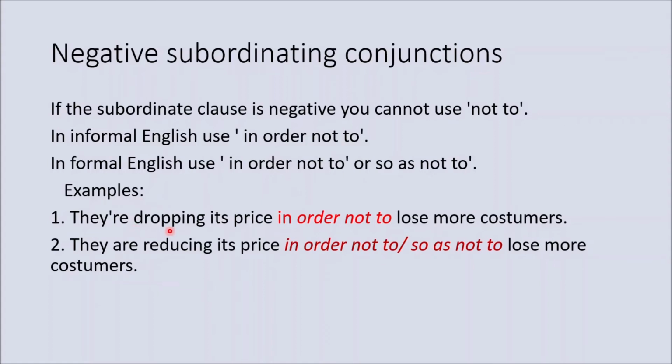They're dropping its price in order not to lose more customers. They're reducing its price in order not to, or so as not to lose more customers. In order not to, so as not to, give the same meaning. Two different expressions with the same meaning. They express the purpose of the main clause.